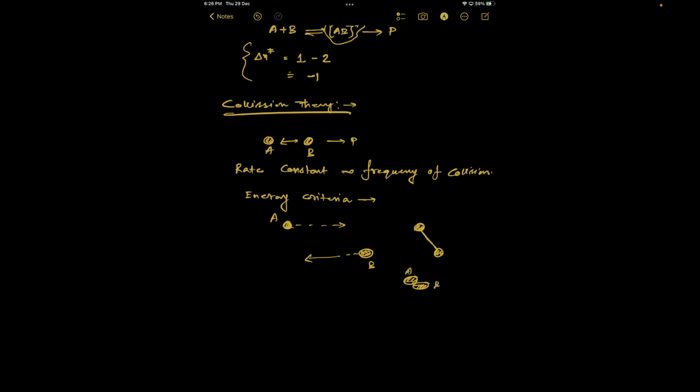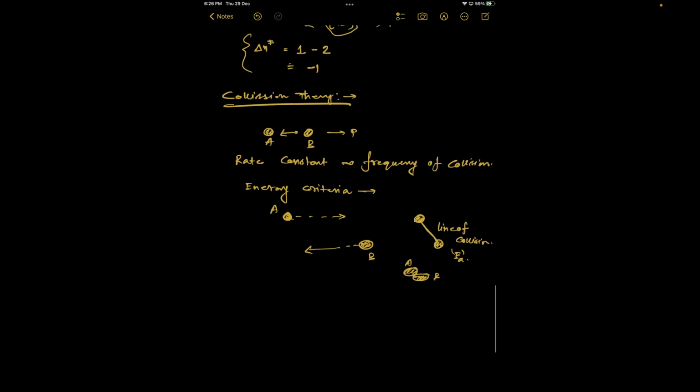If the energy along the line of collision is greater than or equal to some activation energy EA, then only those collisions will be reactive and effective to form the product molecules. So this was the first criteria.